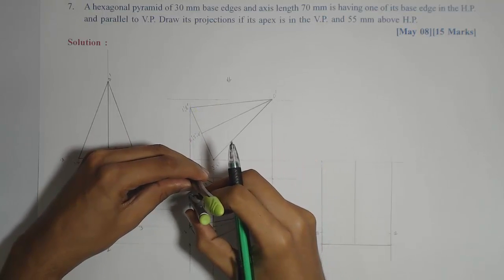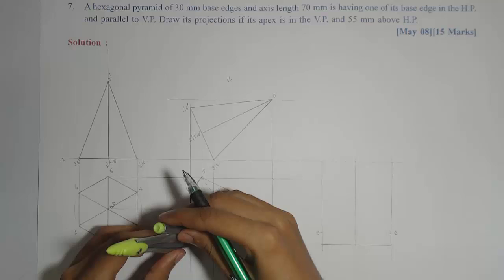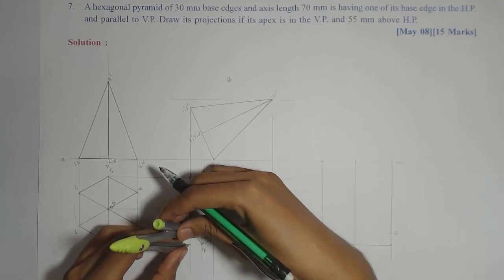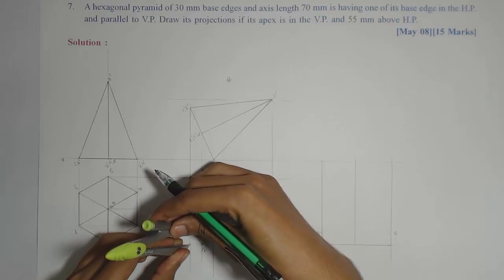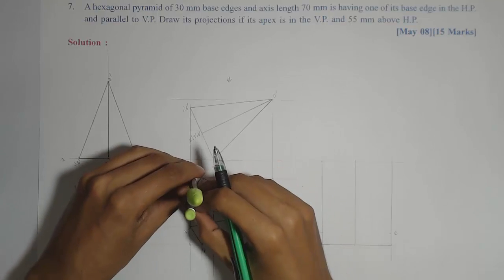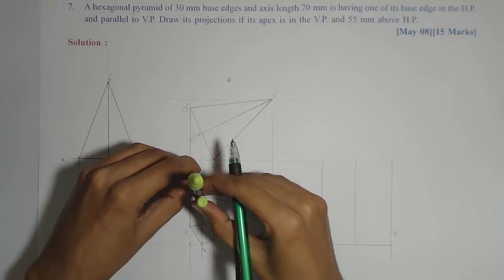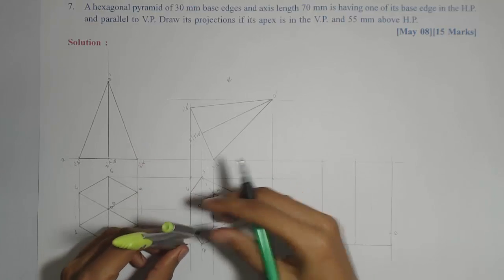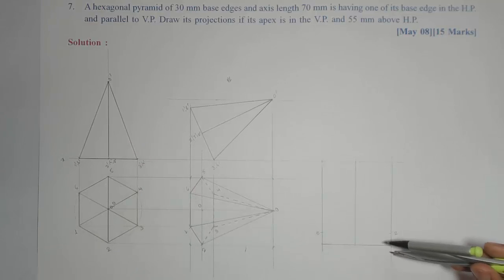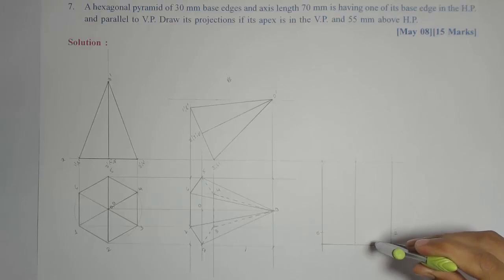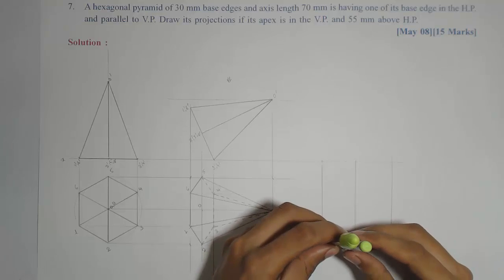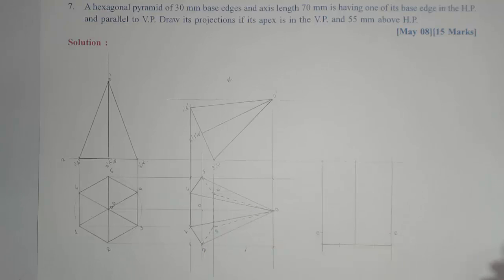So 6 and then 1 will be at the same distance due to symmetry. So we will take that distance for marking 1 and 6. So obviously the point nearer to 2 is 1, we'll get here, and then 6. So this is 6 and this is 1.